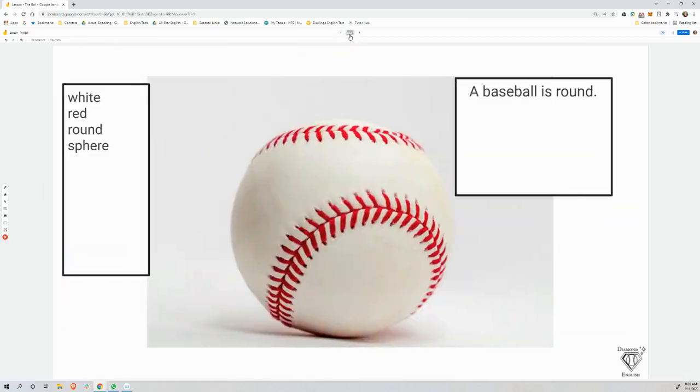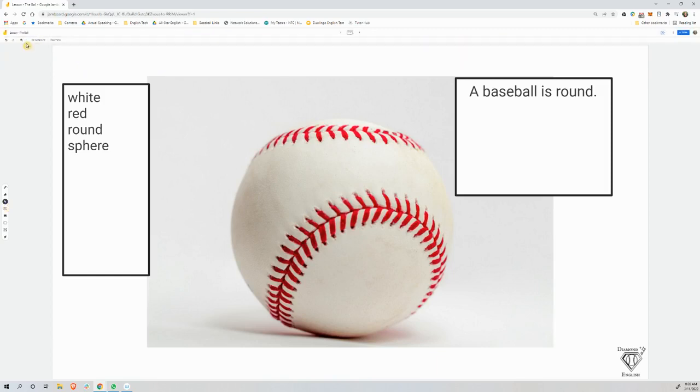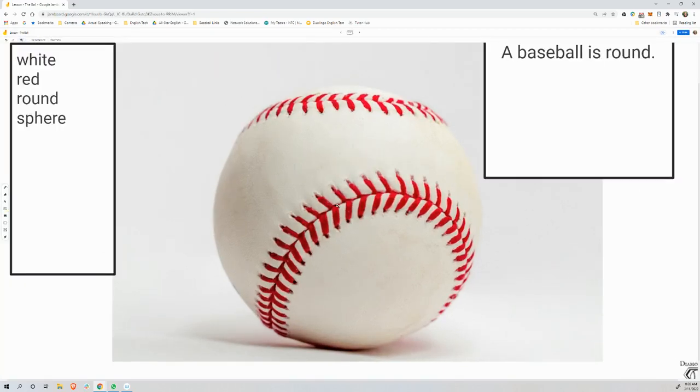All right, now, what are these? What is red on a baseball? What is the name of these? So stitch, 1 stitch, 1 stitch.